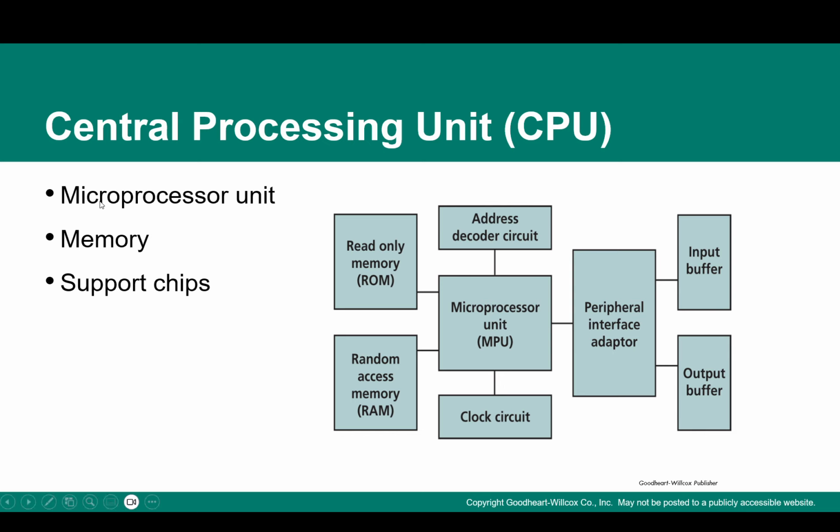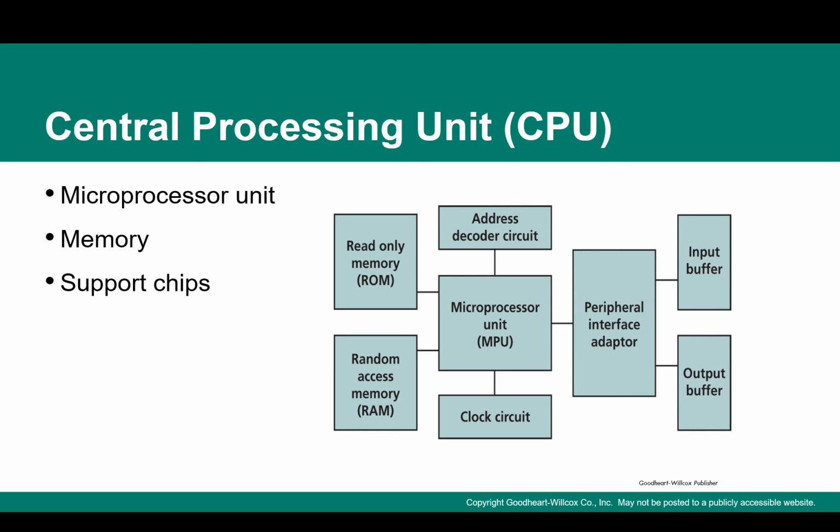It has the MPU, which we call the microprocessor unit, and this MPU is primarily the main processing engine, or the brain of the PLC. Normally, when we talk about CPUs in general terms, we call it the brain of a smart system.